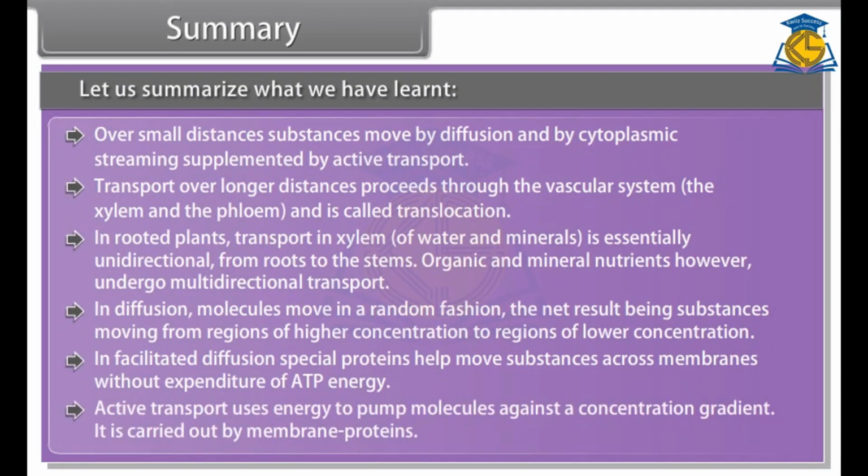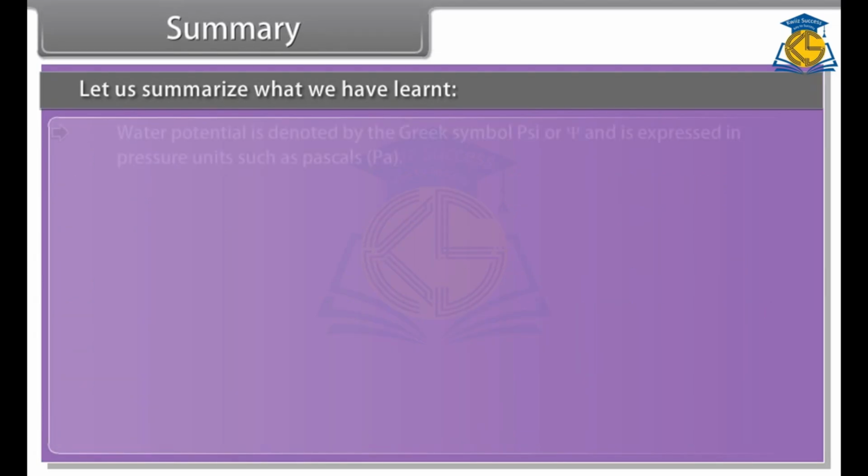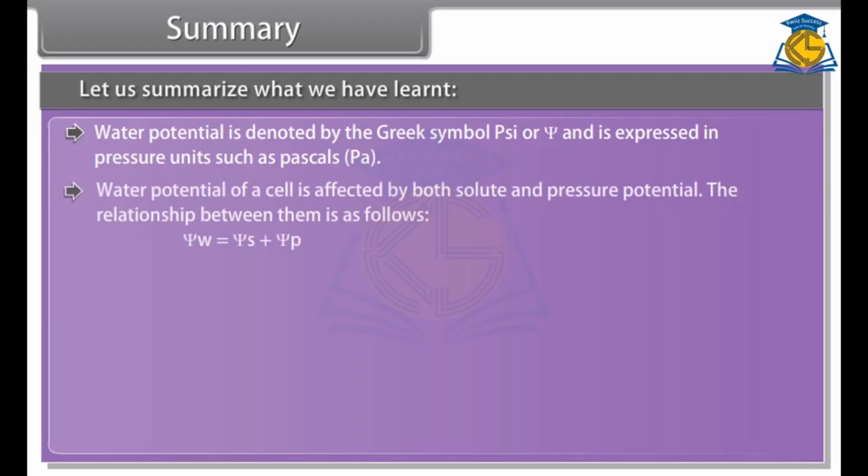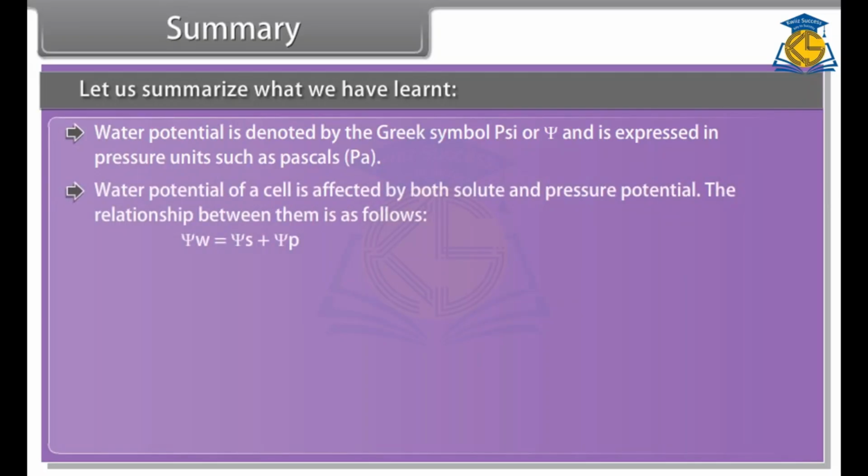Active transport uses energy to pump molecules against a concentration gradient. It is carried out by membrane proteins. Water potential is denoted by the Greek symbol psi and is expressed in pressure units such as pascals. Water potential of a cell is affected by both solute and pressure potential. The relationship between them is as follows.